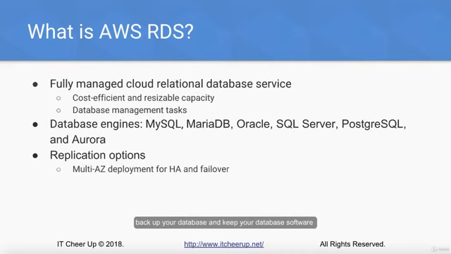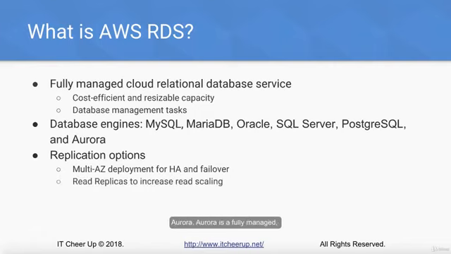RDS can automatically back up your database and keep your database software up to date with the latest version. AWS also has its own database engine, Aurora. Aurora is a fully managed MySQL and PostgreSQL compatible relational database engine.